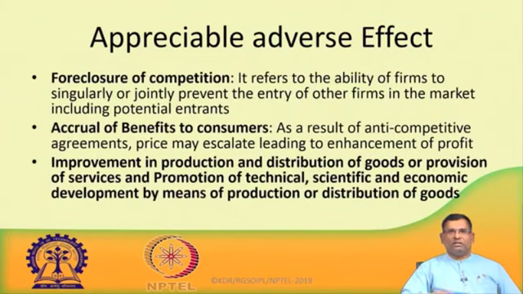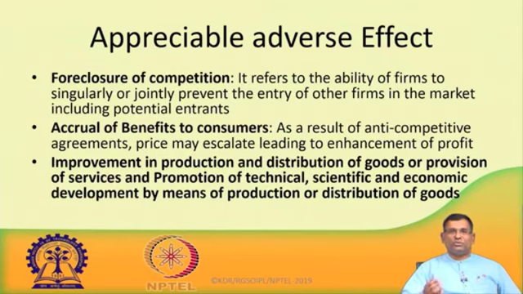And the foreclosure of competition, which I already talked about, refers to the ability of firms to singularly or jointly prevent the entry of firms into the market, including potential entrants. So, the large firms or large players can prevent small firms from entering the market, and such foreclosure of competition is also considered to have an appreciable adverse effect on competition.